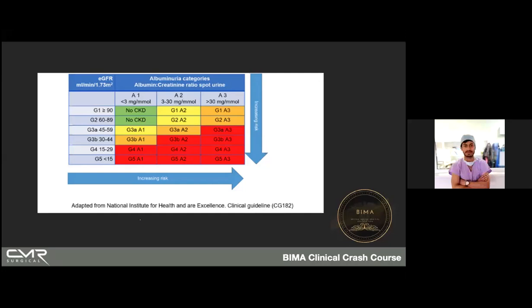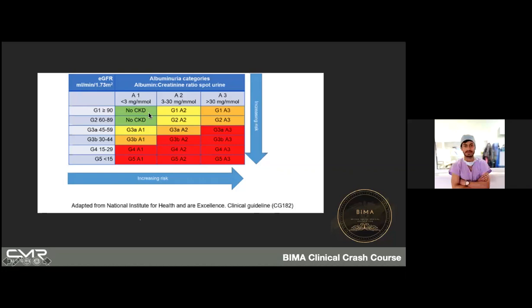On the left, you can see all of the different stages of the CKD staging system. And on the y-axis, you've got the ACR ratio. If someone's eGFR is quite good and their albumin creatinine ratio is also below 3, then it's highly likely they don't have CKD.